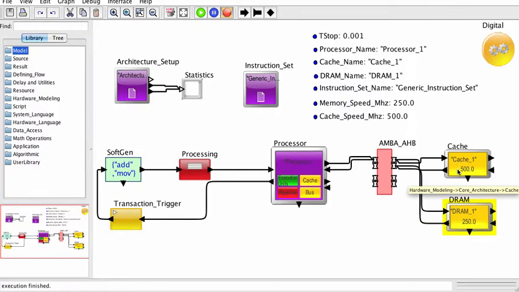Now, of course, the amount of time that it takes for the transaction to be fulfilled from the processor will depend upon whether it's a cache hit or miss. If it's a cache hit, it will return faster. If it is a cache miss, it will have to do additional operations of going back over the bus to the DRAM and then back through the bus back to the processor.